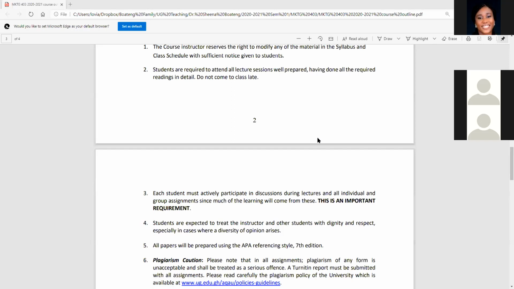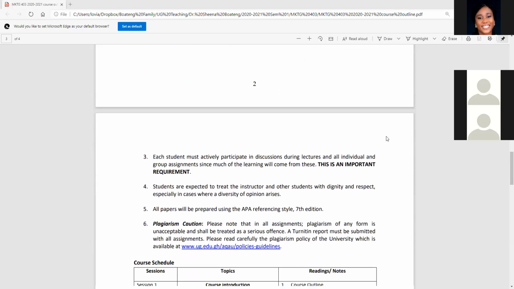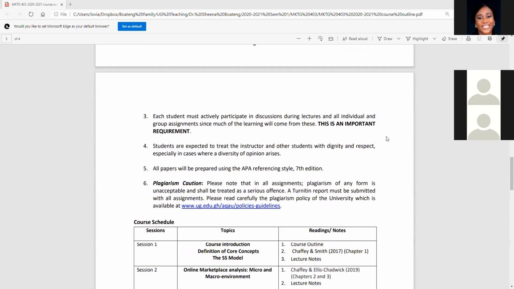We are all here to learn, and this is a safe environment. So people should feel free to express their views regardless of how we feel about those views. So let's all treat each other with respect and dignity and share our views in a conducive environment so that everyone will feel comfortable to be able to learn and share. I hope that is clear.